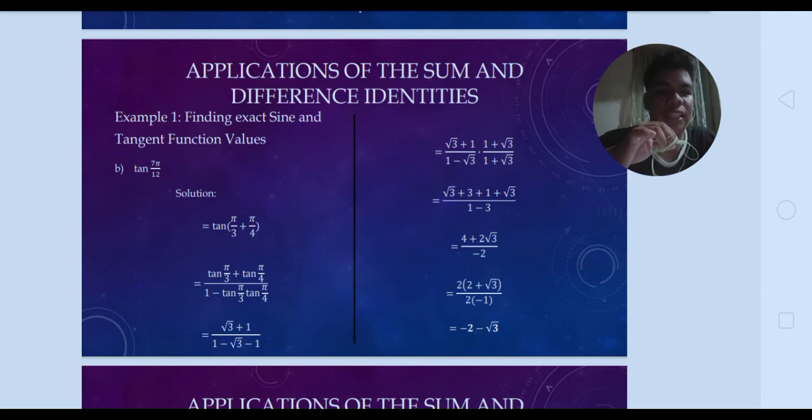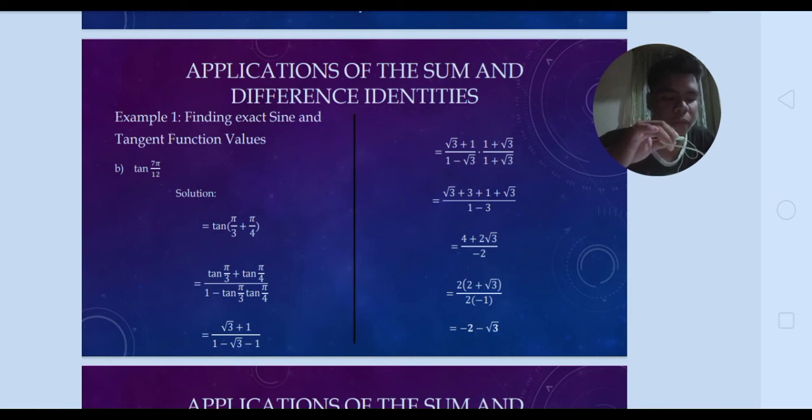Since the denominator still has a radical sign, we still need to rationalize it to remove the radical sign in the denominator. So we need to multiply it by 1 plus square root of 3 over 1 plus square root of 3, multiplying numerator times numerator, denominator times denominator using the FOIL method, if you are familiar with the FOIL method.